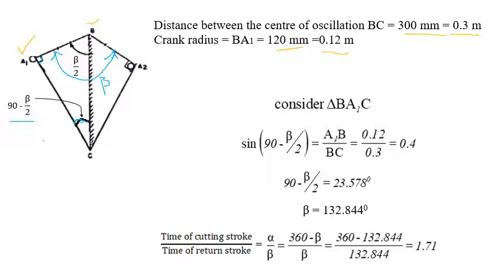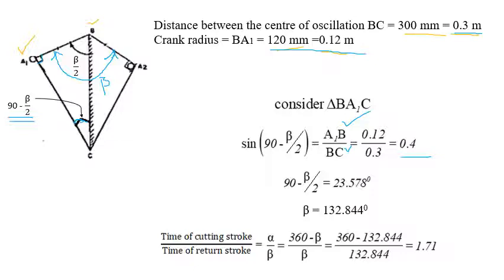If I apply the sine rule to this triangle: sine of 90 minus beta by 2. The opposite side is A1B and the hypotenuse is BC. A1B is 0.12, whereas BC is 0.3. After simplification we got 0.4.